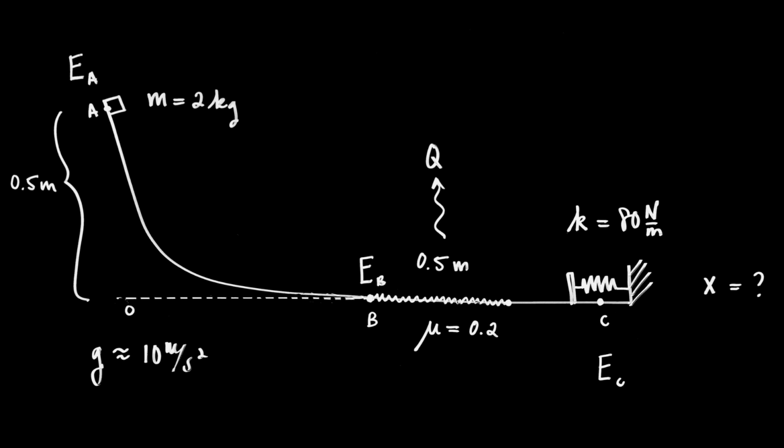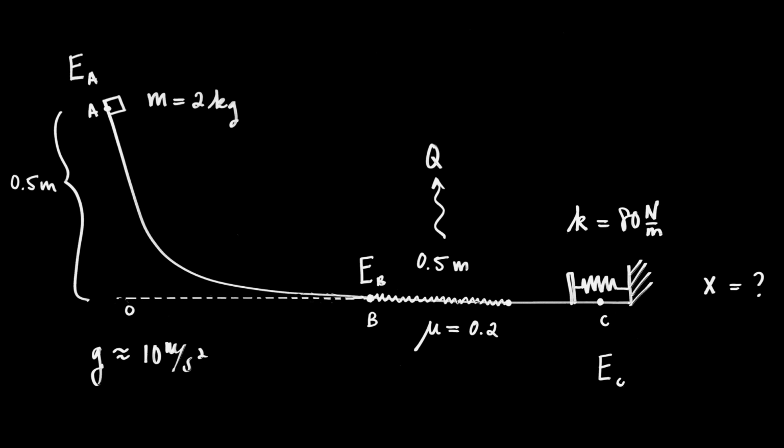This frictional distance here, where the force of friction acts, is going to be, according to me, 0.5 meters. Just half a meter of surface that is rough. The rest of the surface, everywhere else, is frictionless, except for this bit. There's a rough patch. Since it's a rough patch, I'm going to need a coefficient of friction. I'm going to set the coefficient of friction to be 0.2.